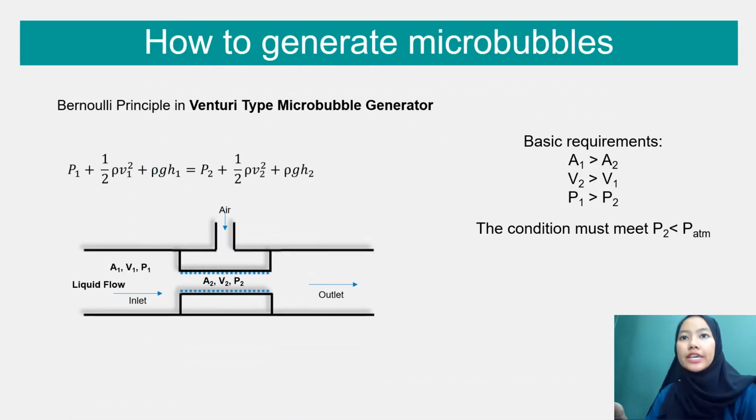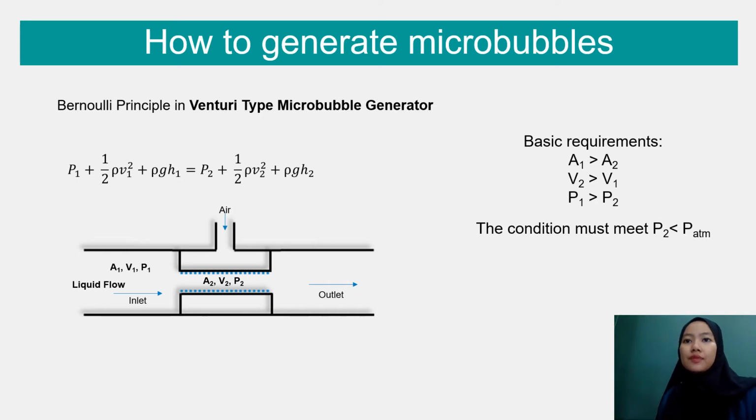Okay, so as you can see here, when water flow rate is applied to the venturi type microbubble generator, the velocity of the water passes through the microbubble generator becomes higher compared to the initial velocity. Thus, the pressure becomes negative, okay, and air is actually being sucked automatically through the porous pipe, and also it is actually broken into microbubbles.